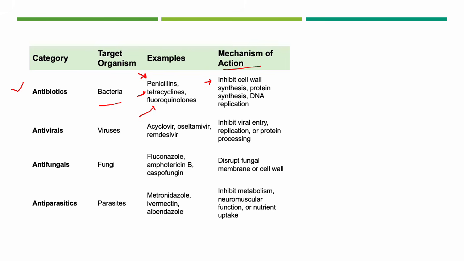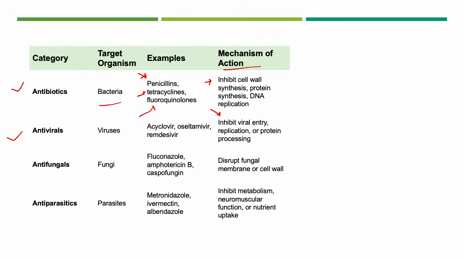Then we have antivirals. Now, since viruses rely on host cells to replicate, antivirals interfere with viral replication without harming the host cell. So some mechanisms of action include inhibiting viral entry or viral attachment, like maraviroc for HIV, oseltamivir for influenza, for example.